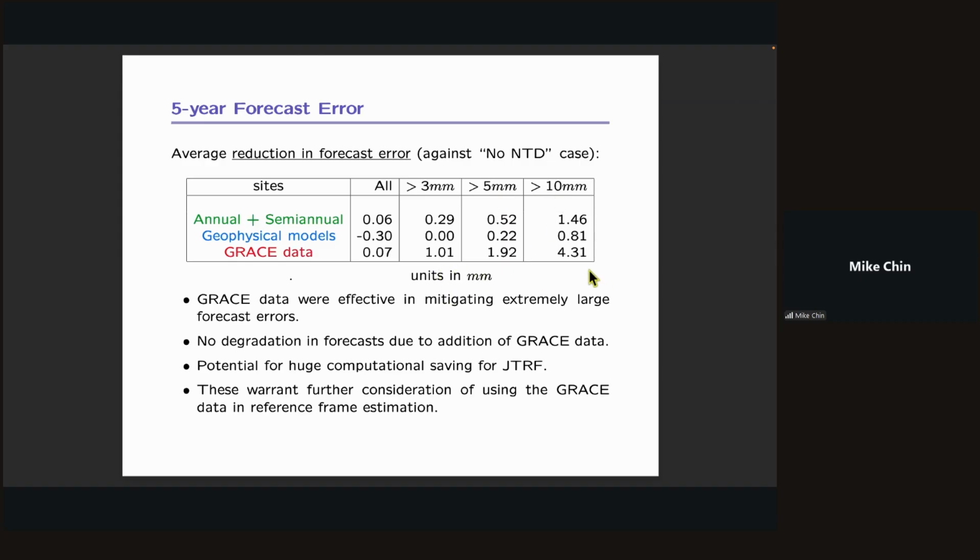And when there are bad cases, GRACE data seem to give more reduction in error in millimeters. GRACE seems to do well progressively, and that's the case for others, GRACE seems to excel on these things. We're still trying to investigate what exactly is happening.